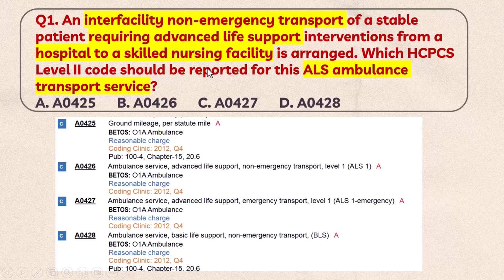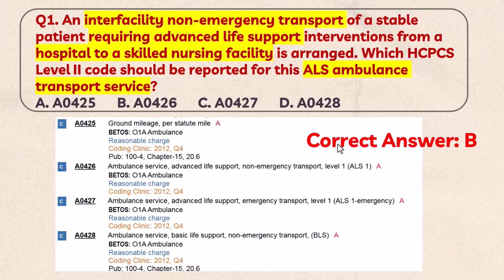So the correct code will be A0426. When you look at other codes, those are not suitable. For example, 427 is ambulance service, advanced life support, emergency transport. In our case, it is not emergency. 428 is ambulance service, basic life support, but in our case, it is advanced life support. So the correct answer is answer B.